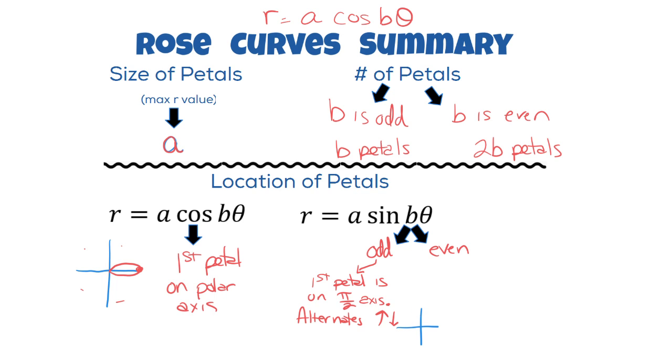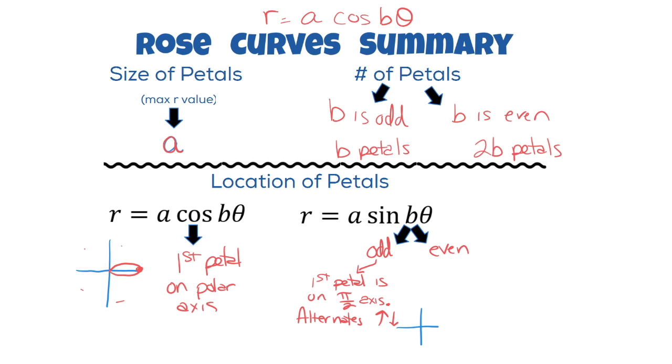I'm probably not going to get that crazy, but it alternates up, down, up, down, up, down. So it starts with an up. If B is 1, then it starts up, and then you evenly distribute from there. If B is 3, your first one is down, and then you evenly distribute from that direction. So it alternates up and down.